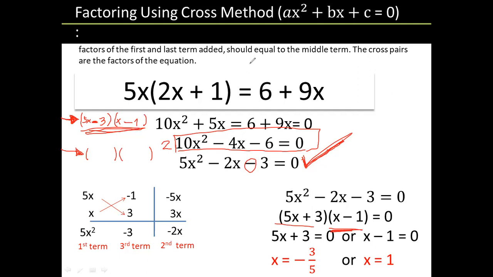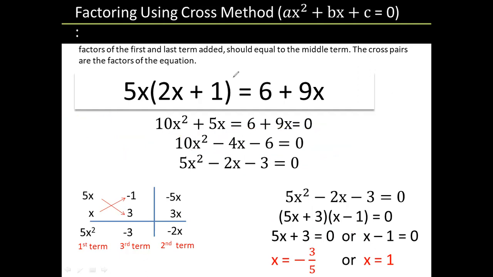All right. Now, supposing you do not use the cross method. For example, you do not cross this one, and this one. Okay, let us try to check whether we get this equation. For example, we use 5x minus 1 and x plus 3.